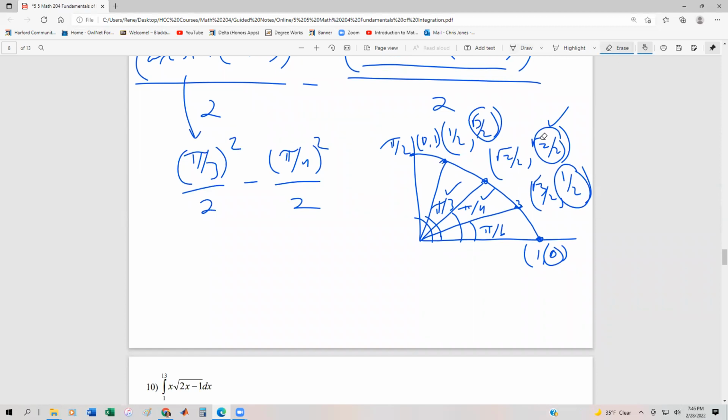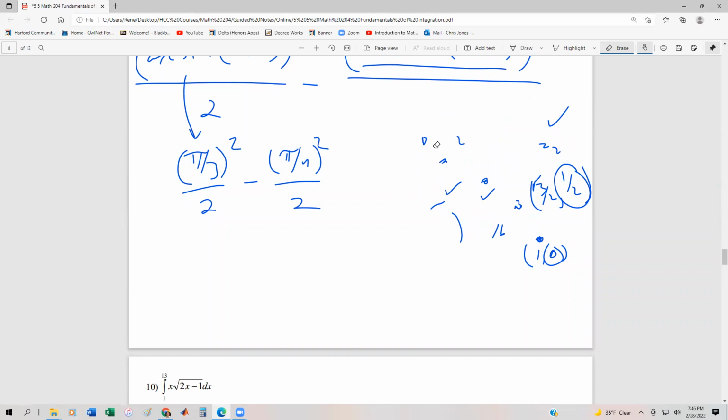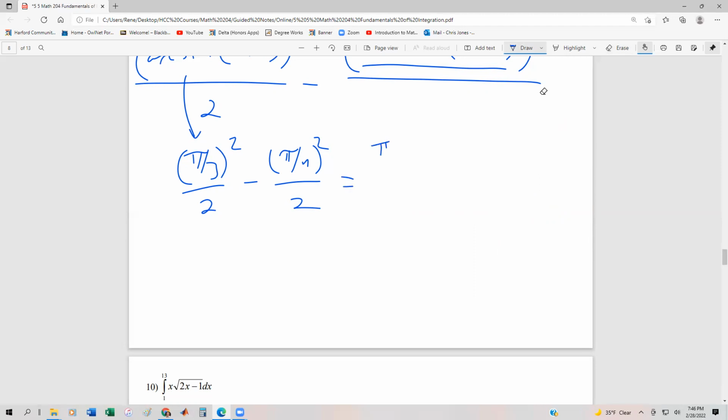Let me erase this just so we have some room to work with, because we are going to have to do a few common denominators. It shouldn't be too difficult though, because we're almost done with this. When we square everything out, we're going to get pi squared over 9 over 2, minus pi squared over 16 over 2.